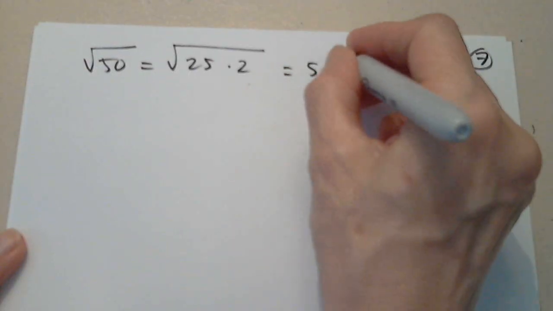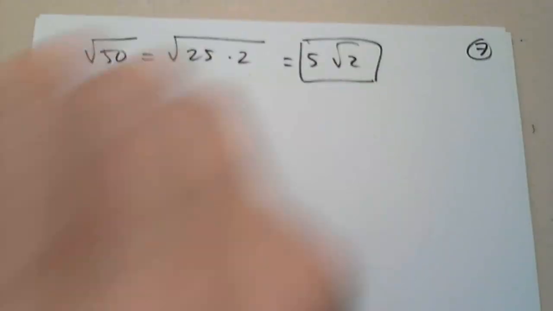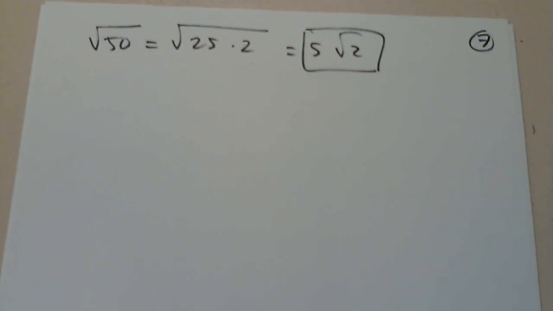So this is 5 the square root of 2. This is the simplified form. Exactly. You got it. Good. Almost like taking the largest perfect square out.